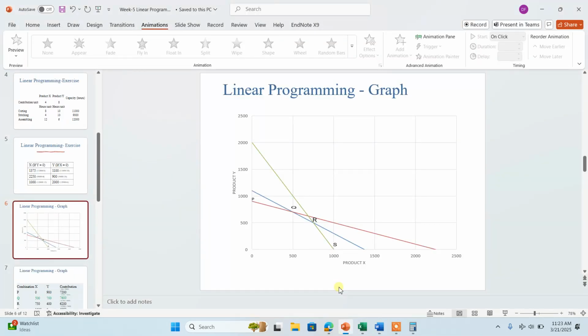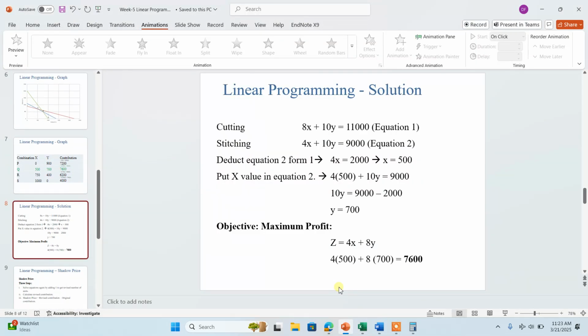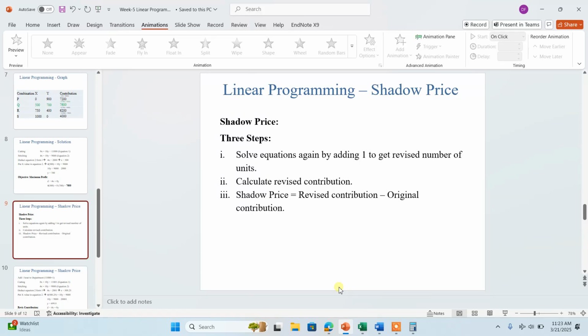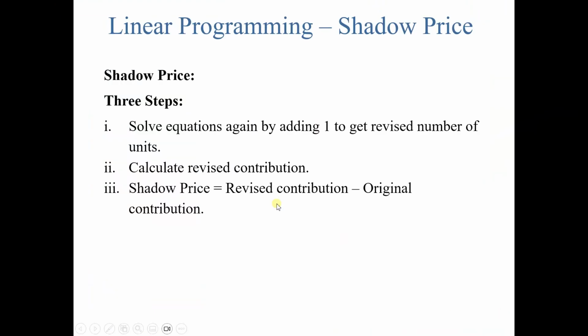How can we check it? You only need to do one thing: there are three steps to calculate the shadow price. The first step is to solve the equation again by adding one unit, in this case 1 hour, to get the revised number of units.